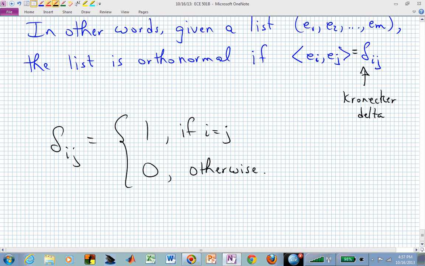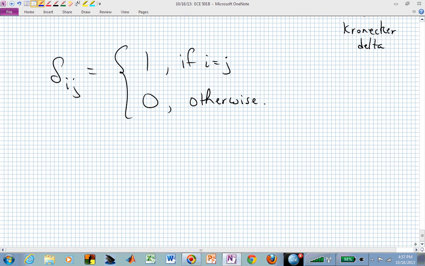And the nice thing about orthonormal lists is that they're really helpful and we can build things with them. Now we have a set of underlying infrastructure that we can play with a lot and really build things easily with them, or more conveniently with them.